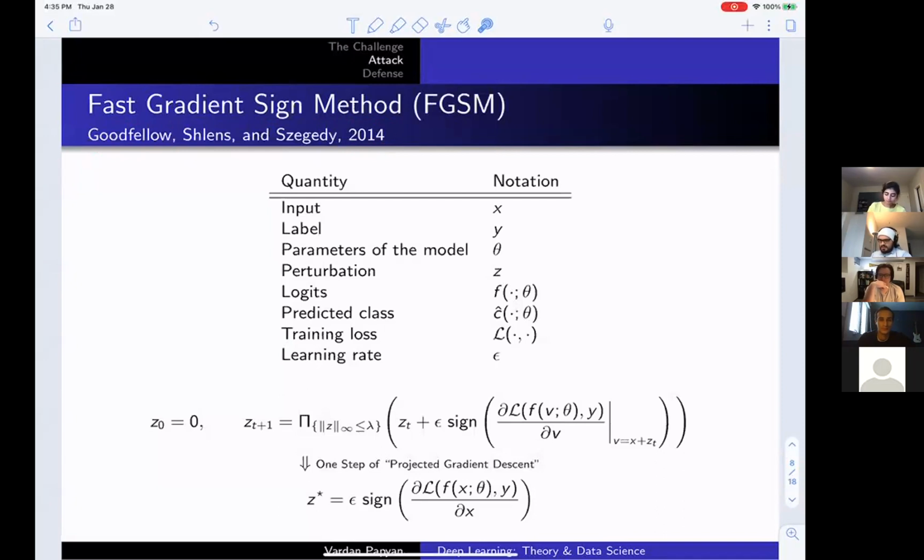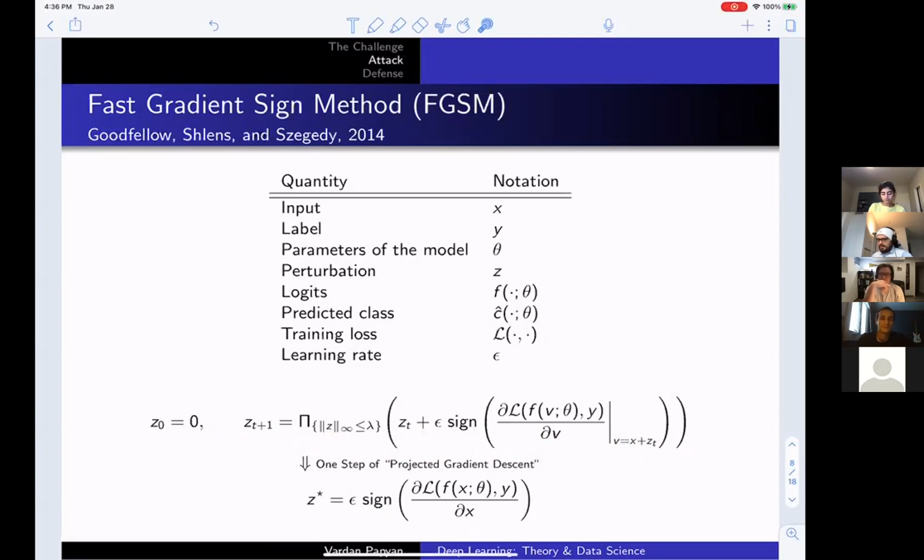It says, take the algorithm which we saw in the previous slides and just take one step of it. So you calculate the gradient of the loss with respect to the input of the network, apply a sign, and multiply it by epsilon. Do you see how this is one step of the algorithm that we saw in the previous slides?